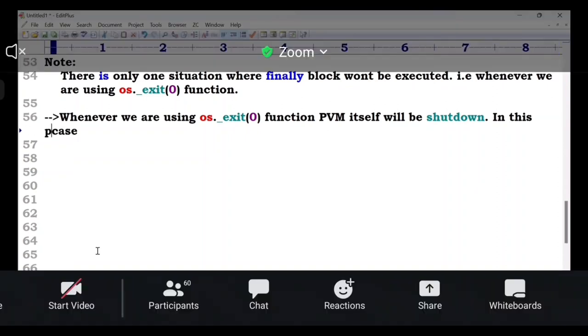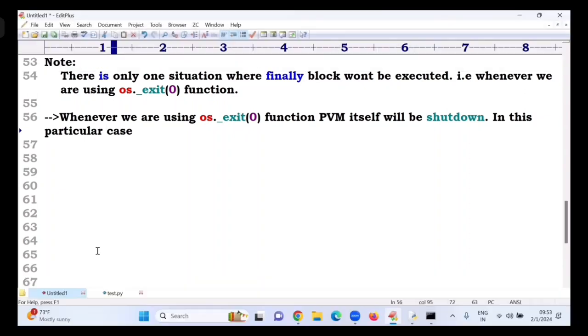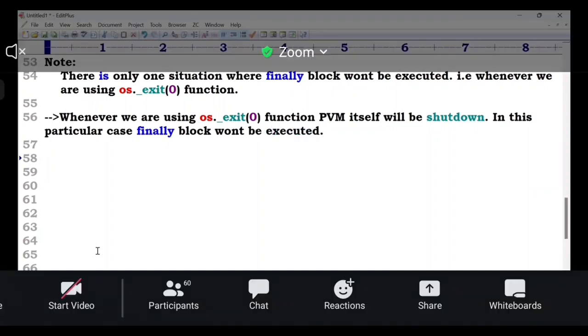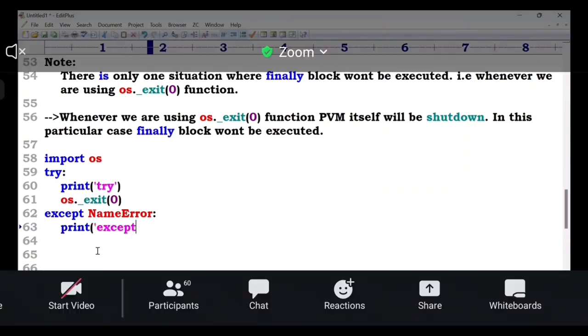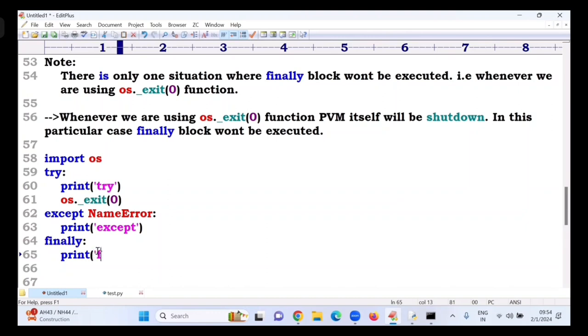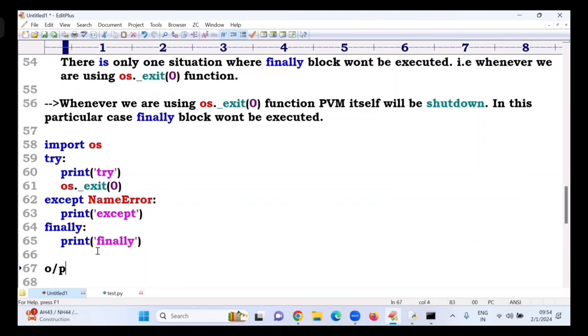In this particular case, finally block won't be executed, sir. In this case, output is only try.